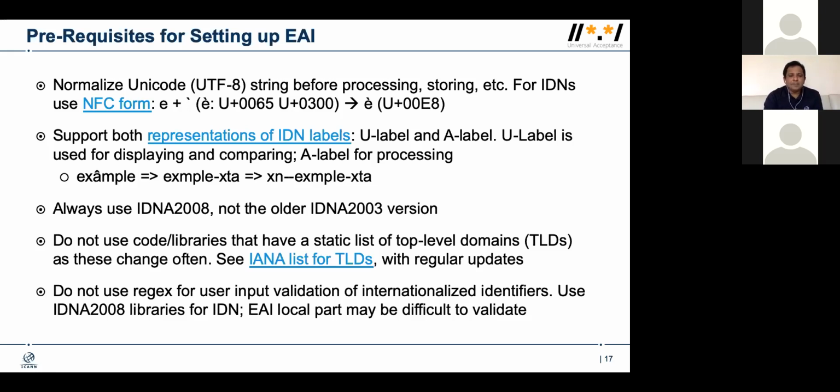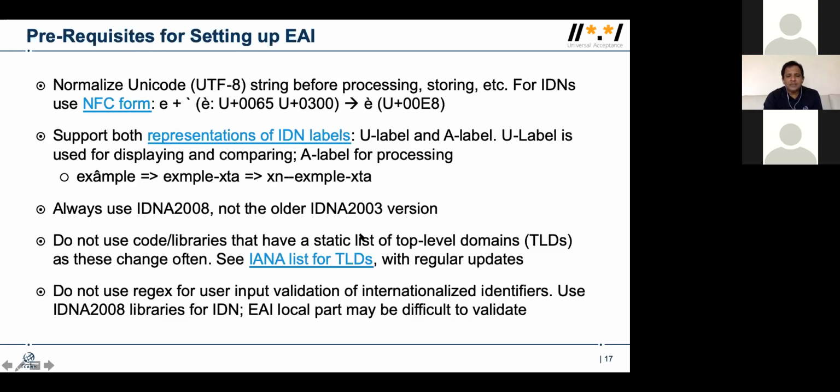But that is old now. And the new standard is called the IDNA 2008 standard, right? So if you are referring to any libraries, or if you're considering this standard, you have to look into the IDNA 2008 standard always, okay? So that's the important thing.